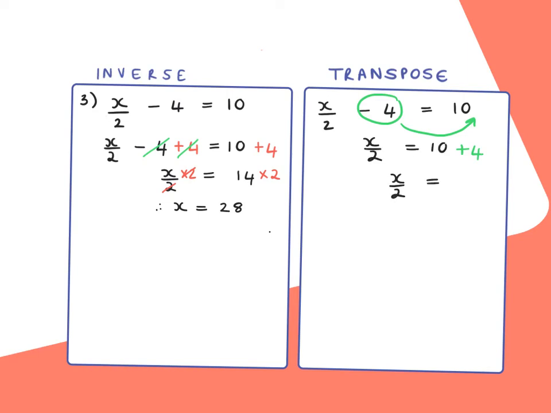So x over 2 is equal to 14. Now, to isolate x, it's divided by 2 on the left-hand side. So when I transpose, I'm going to multiply by 2 on the right-hand side. So x will be equal to 14 times 2, which is 28.